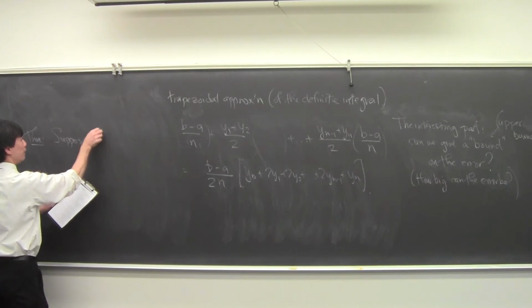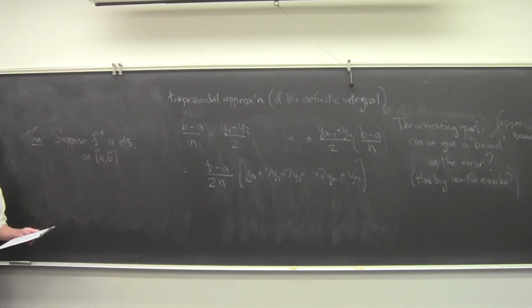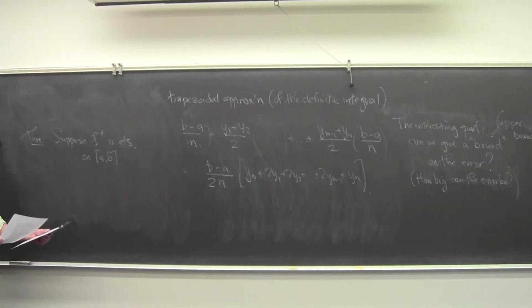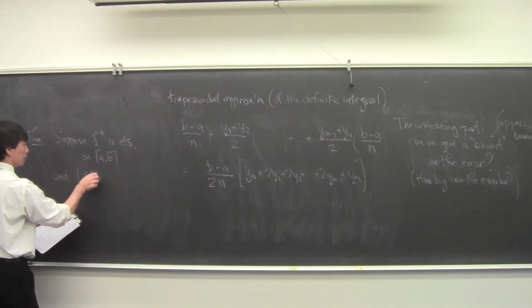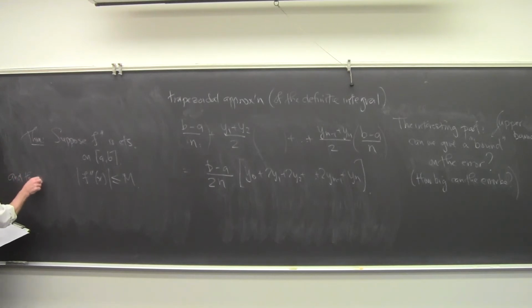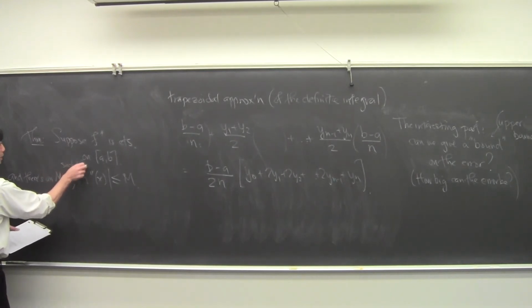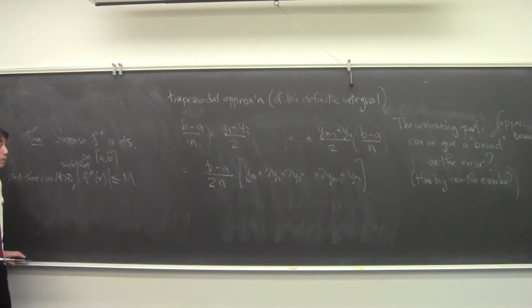Suppose f double prime is continuous on [a, b], and there's some number m such that the absolute value of that second derivative is smaller than m.